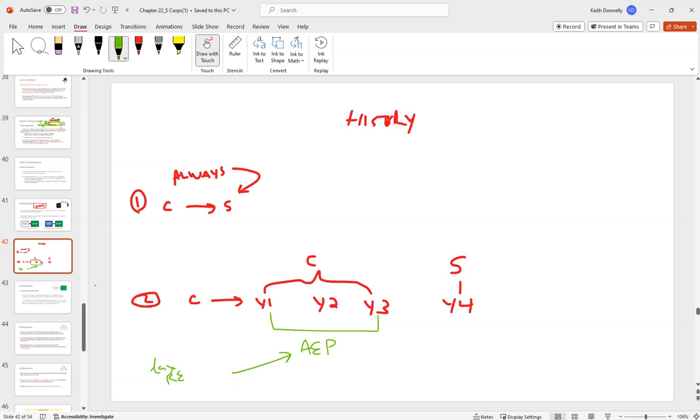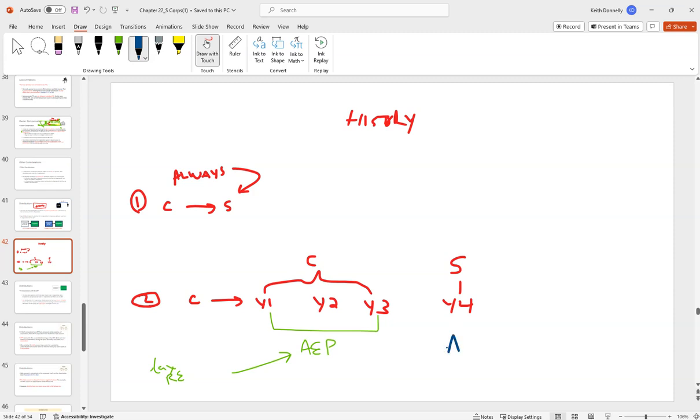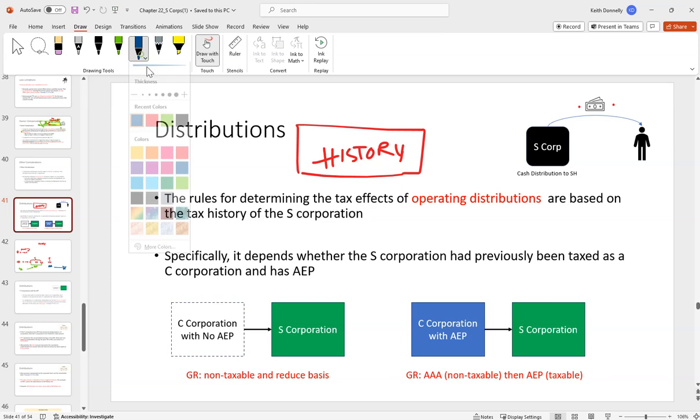Now, when you're an S, you don't have AEP. The thing you need to track is something called the AAA account, and you can again think of it like a tax retained earnings account. Generally, distributions that come from AAA are not going to be taxable. So we have two timelines. The first is where we were always taxed as an S corp.